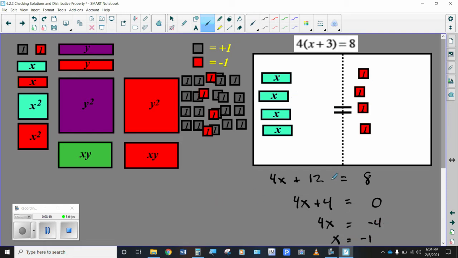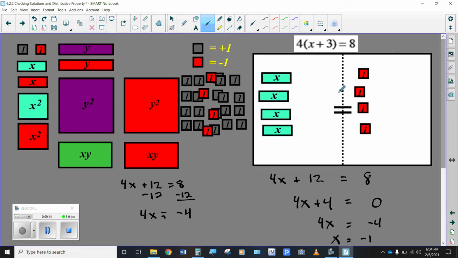Now, what most students would probably do is this. They would say 4x plus 12 is equal to 8. I want to get the 4x's by themselves, so I'm going to take away 12 from that side, which means I will do a subtraction problem. 8 minus 12 is negative 4. So eventually, it gets a lot more efficient to just solve it algebraically than working through the visual of the equation mat, right?